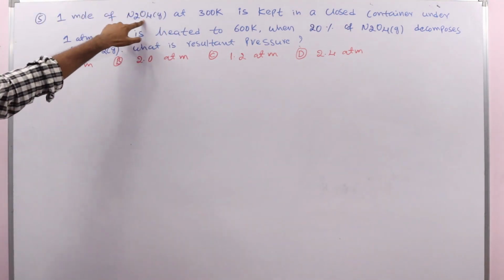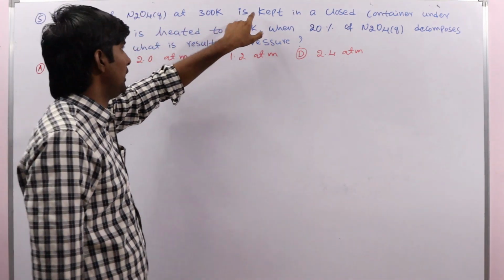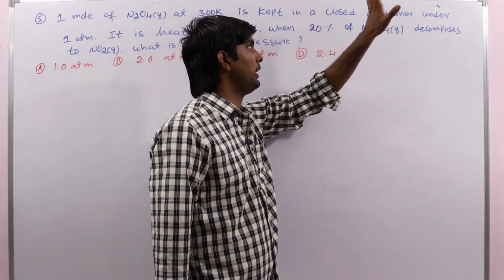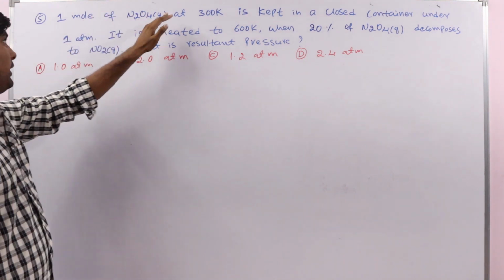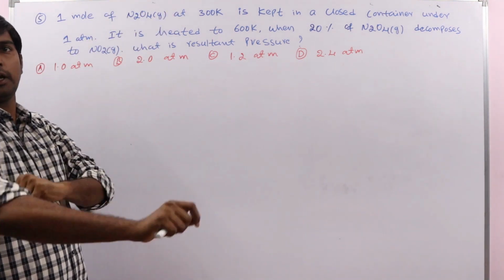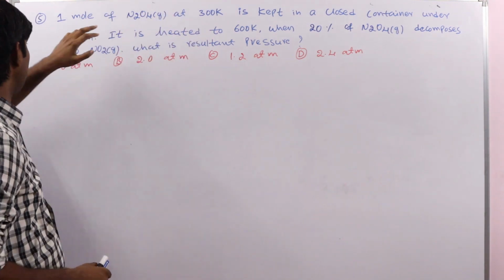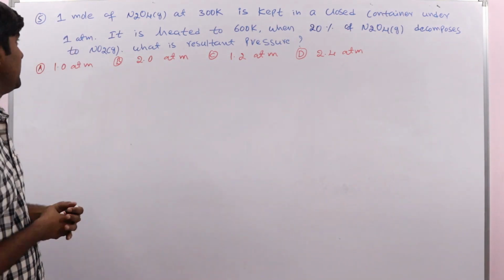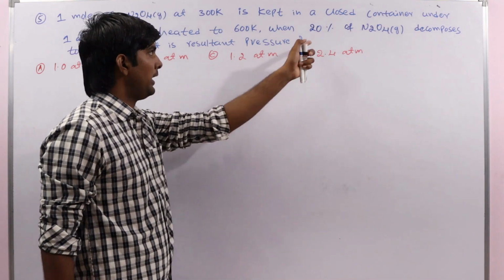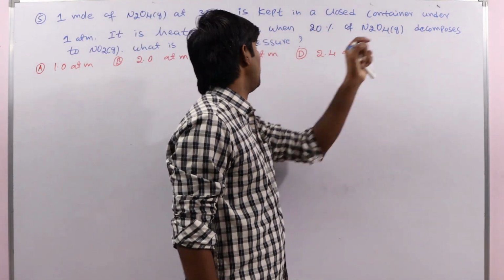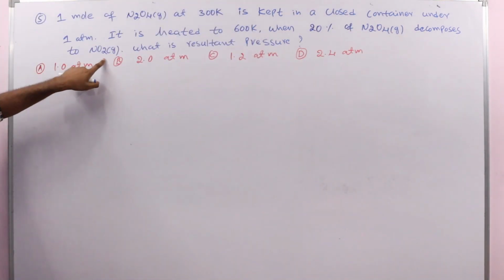1 mole of N2O4 at 300 Kelvin is kept in a closed container under 1 atmosphere pressure. It is heated to 600 Kelvin, when 20% of N2O4 decomposes to NO2.